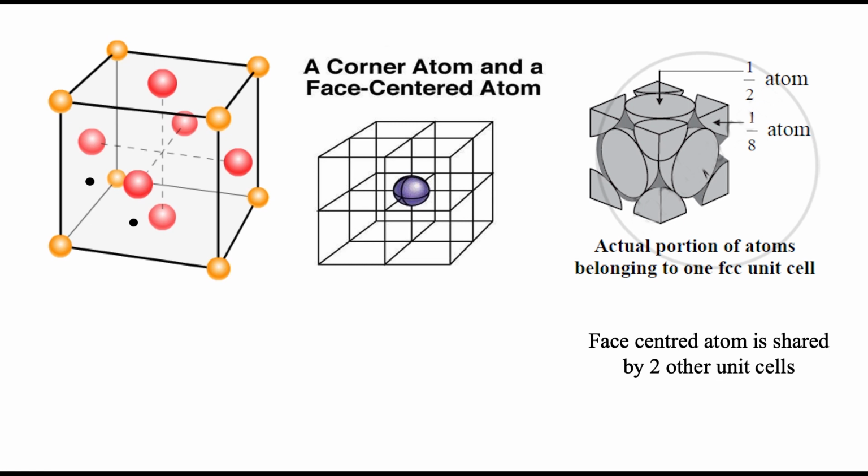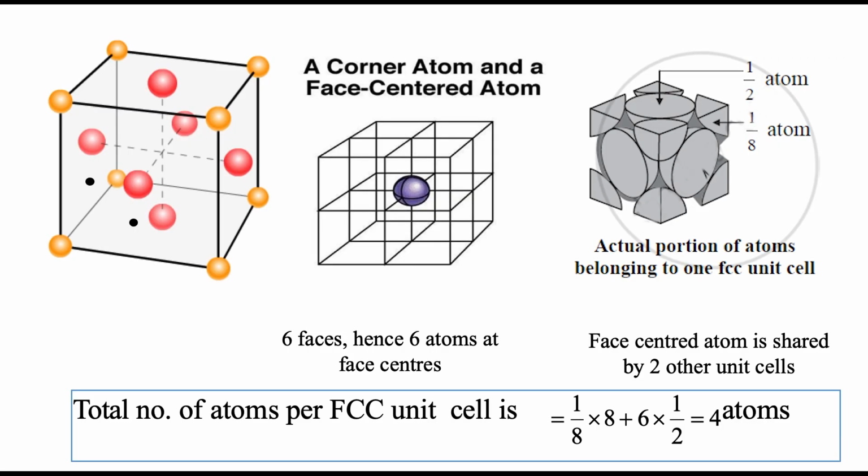Since there are 6 faces and hence 6 atoms at the face centers, the total contribution of the face-centered atoms is equal to 6 multiplied by 1/2, that is 3. Therefore, the total number of atoms per face-centered cubic unit cell is 1/8 multiplied by 8 from the corner atoms, plus 6 multiplied by 1/2 from the face-centered atoms.